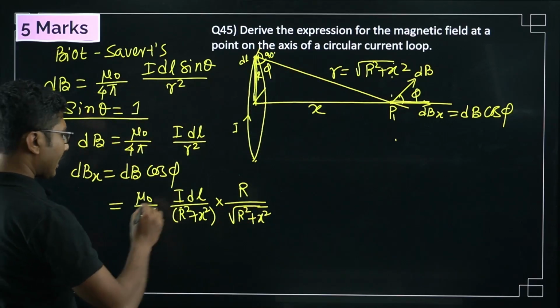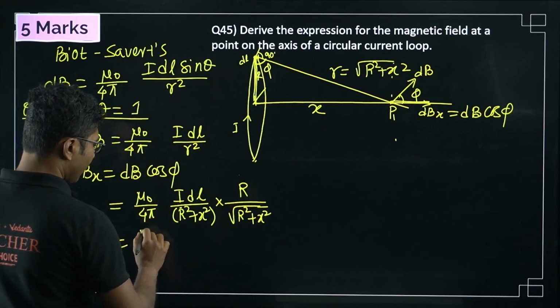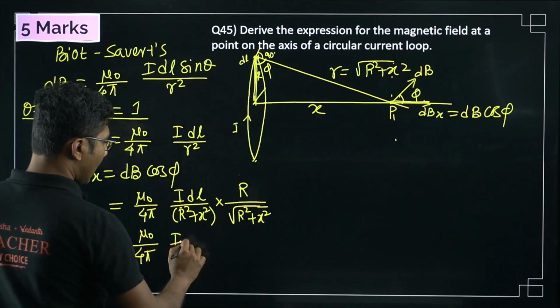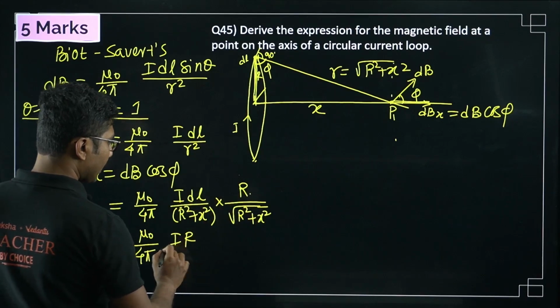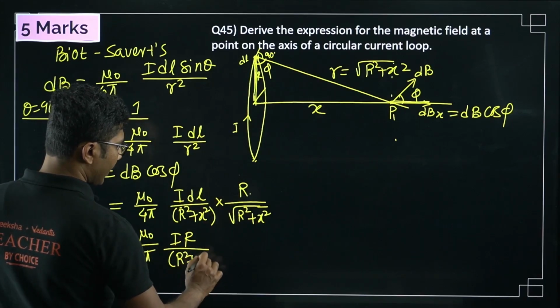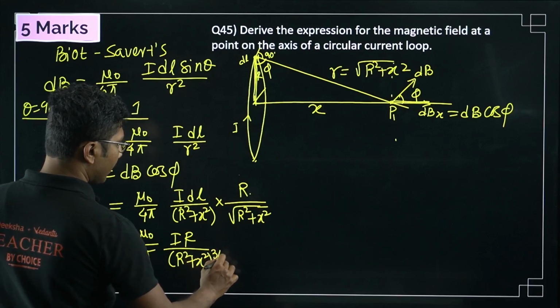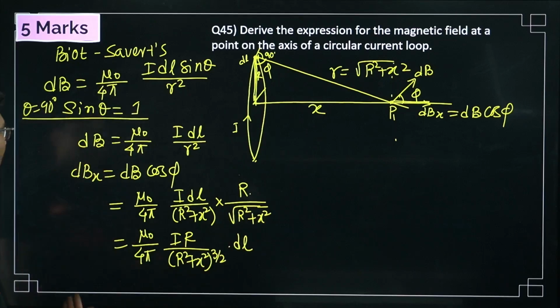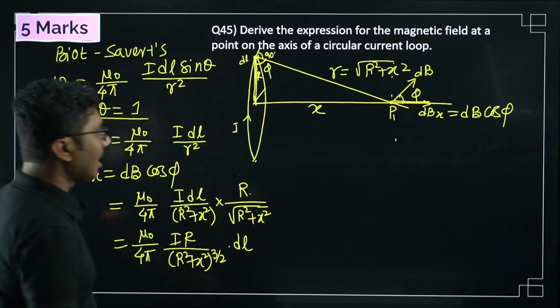So from there we can write this as mu naught by 4 pi, I r comes over here, and in the division r square plus x square to the power 3 by 2, into dl. Okay, so this is the formula for dBx.